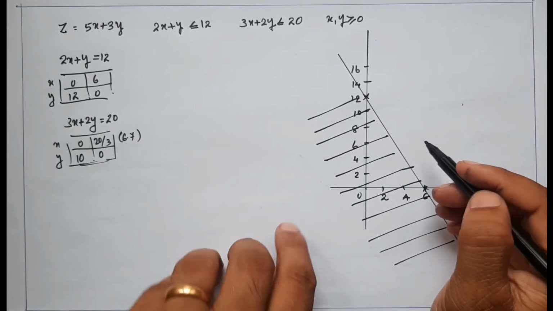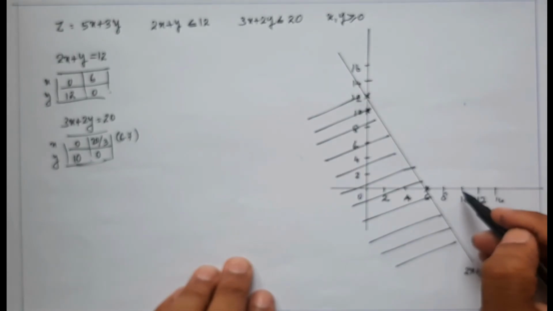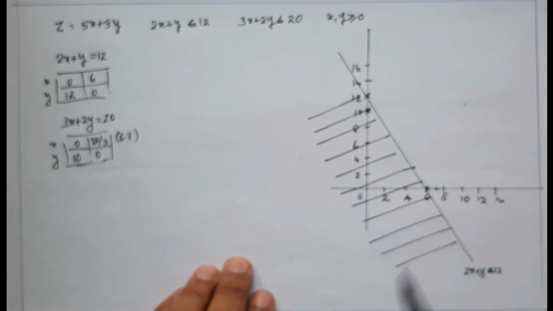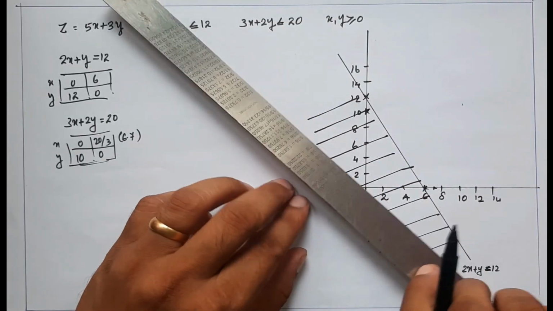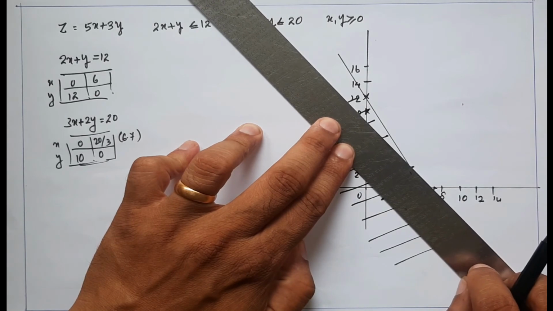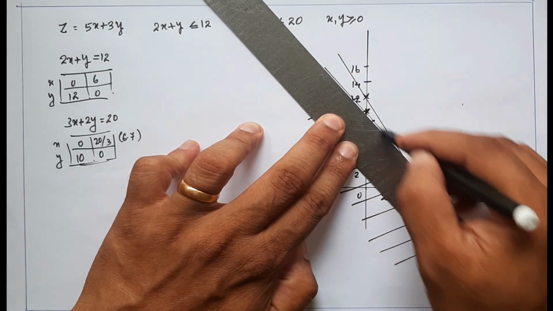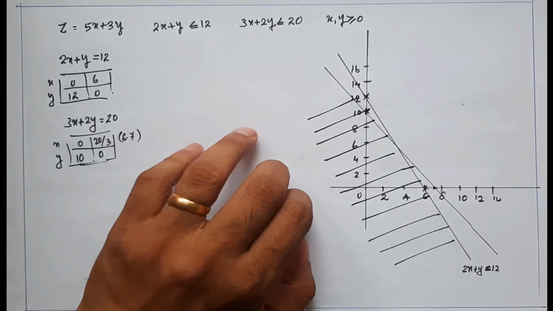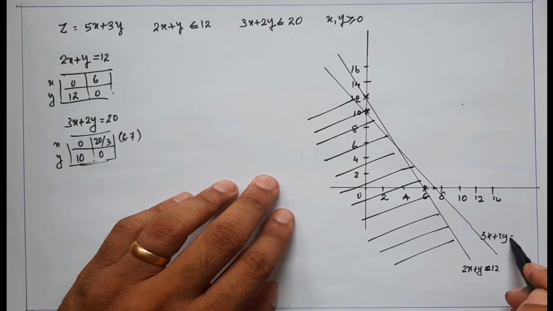Again, the second points are 0, 10 and 6.7. By joining these two points, we get the line 3x plus 2y is equal to 20.